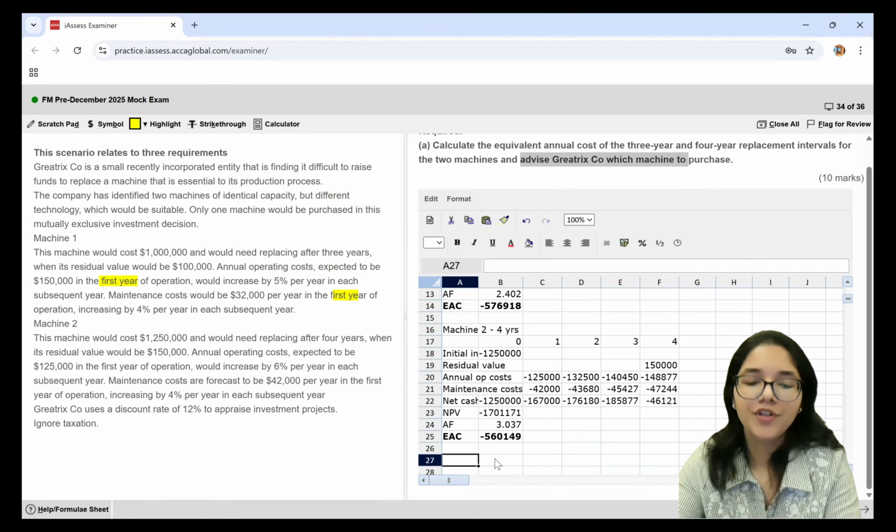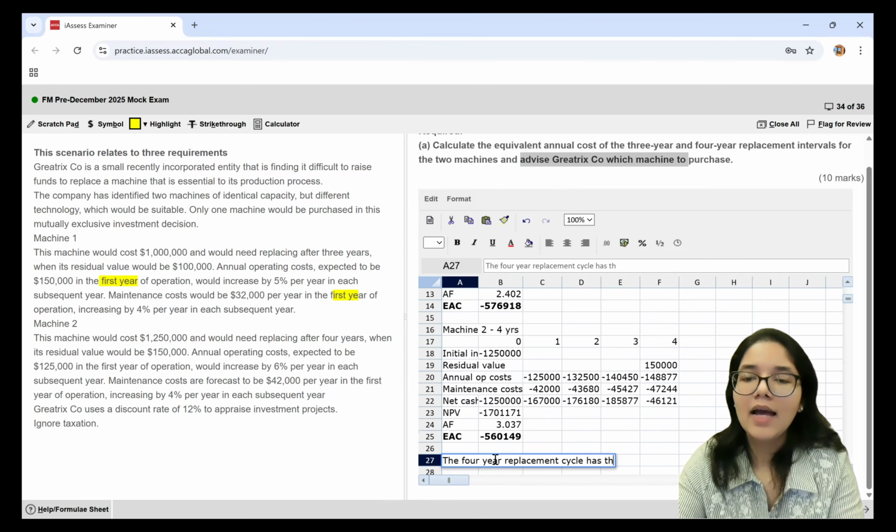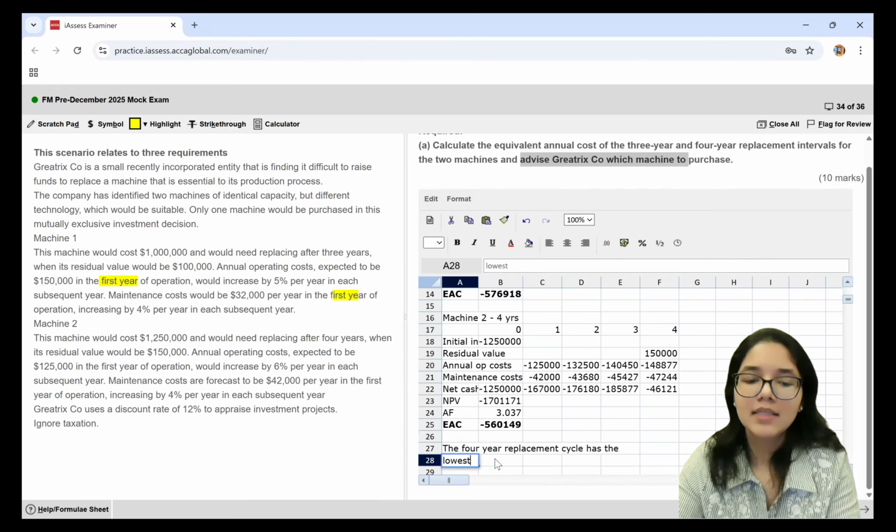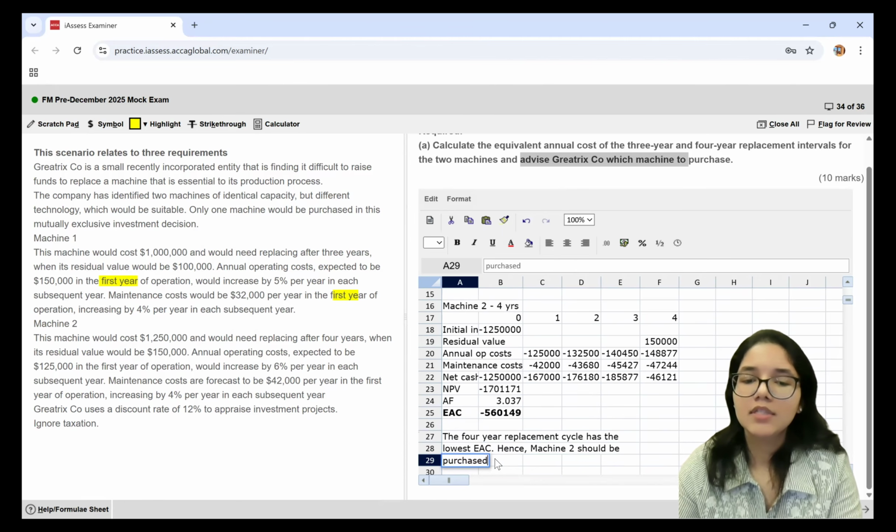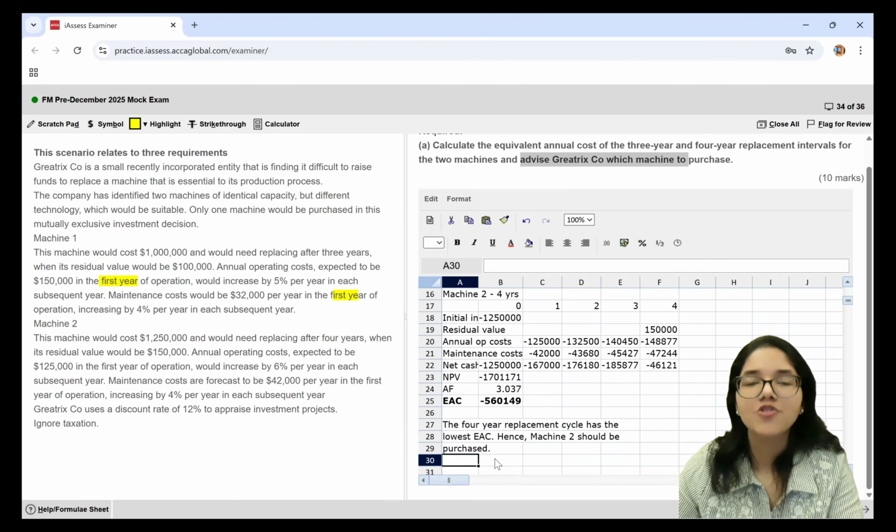So what I'll write over here is that the 4-year replacement cycle has the lowest EAC. As a result, or you could say, hence, machine 2 should be purchased. So this is how you will give the recommendation to earn that final 1 mark.